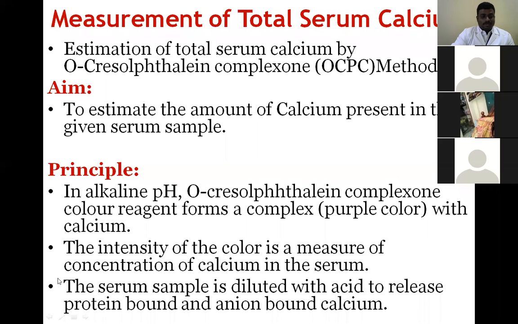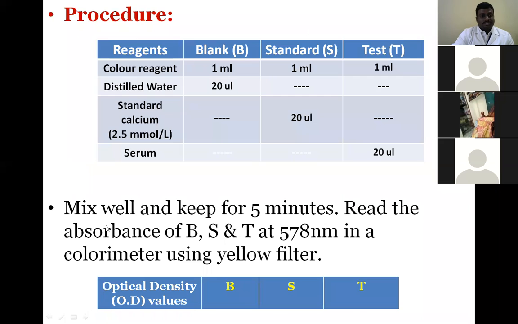Next is the procedure. We have to take 3 test tubes: blank, standard, and test. To each test tube we add 1 ml of the OCPC reagent. In the blank, we add 20 microliters of distilled water. In the standard, whose value is 2.5 millimoles per liter, we add 20 microliters of the standard.